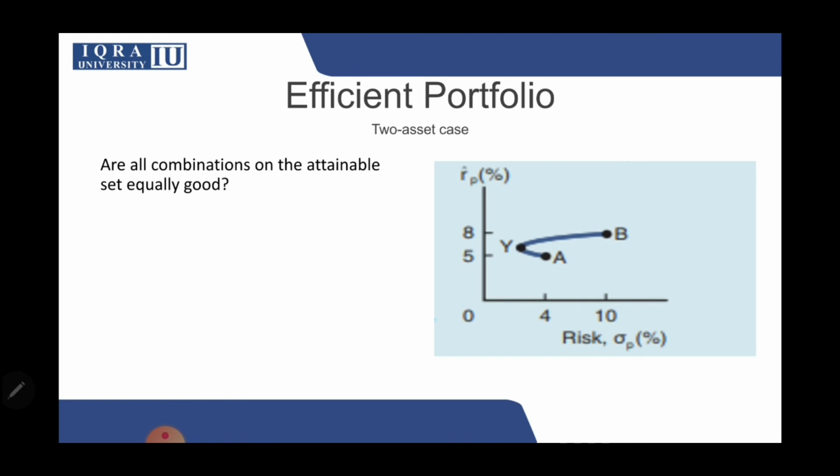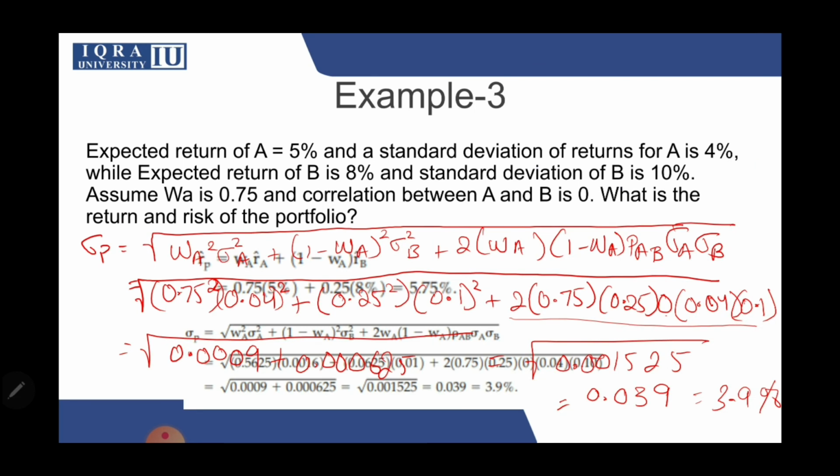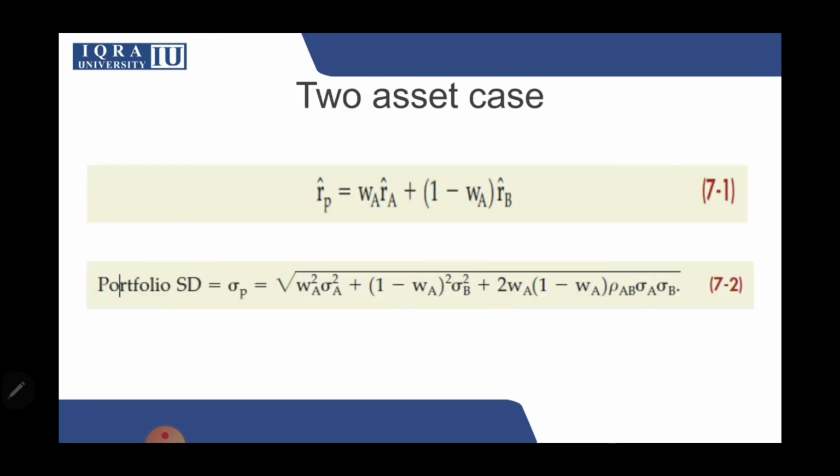Okay, so this is the efficient portfolio diagram for the 2-asset case. So are all combinations on the attainable set equally good? If you look at the attainable set, how do you get the attainable set first? You will keep on using different weights over here.